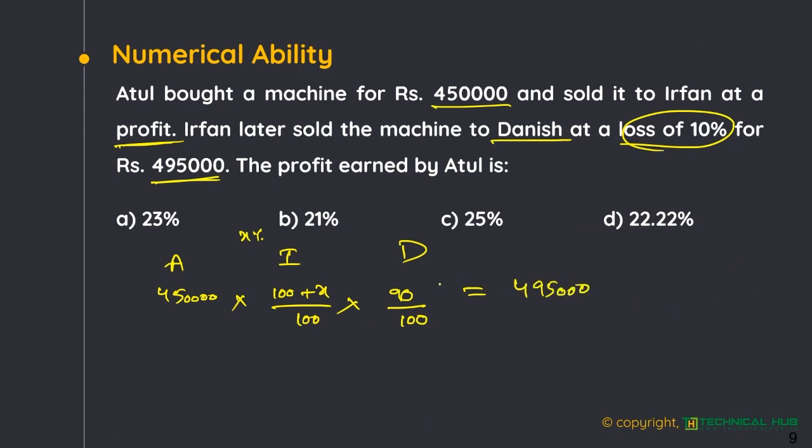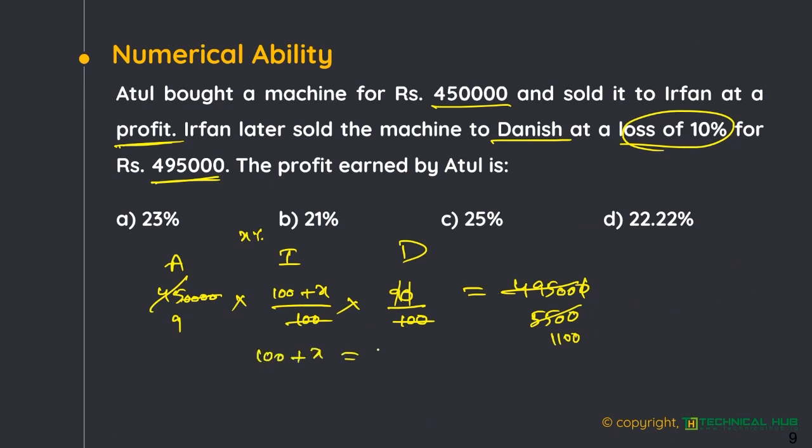4 zeros cancel and 1 zero cancels. 9 table, 9 you can cancel, 55. And next, 5 table, 5 nines are 5, 1100. And then if you observe carefully, this is 100 plus x is equal to 1100 by 9.